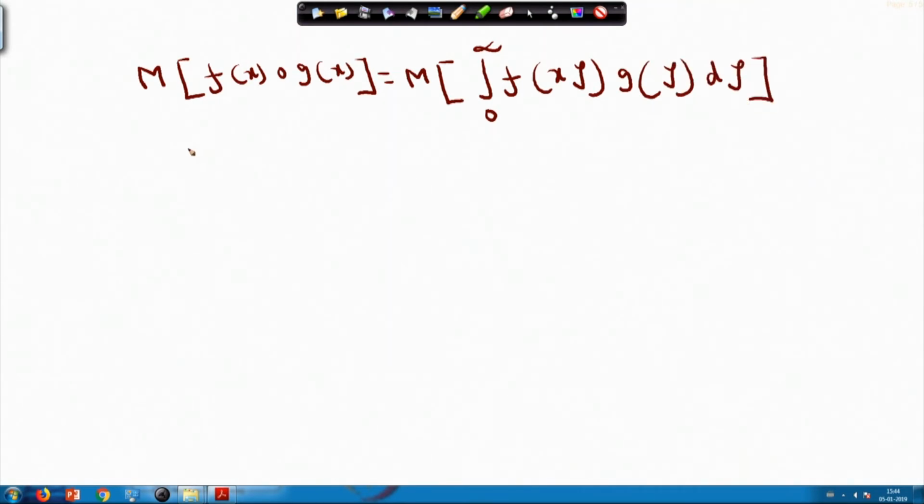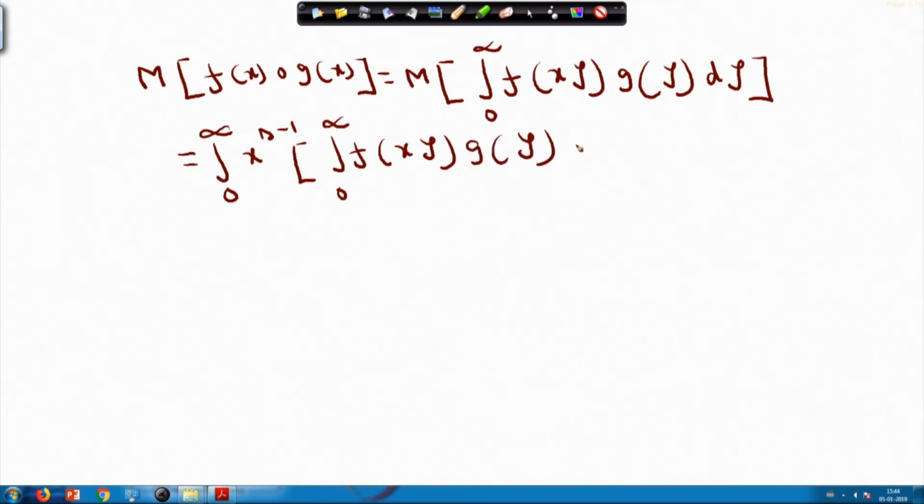Again, from the definition of Mellin transform, this equals the integral from 0 to infinity of x to the power s minus 1, times the integral from 0 to infinity of f of x eta g of eta d eta, and dx will come here. Now if you put x eta equals v, just like we have done earlier, here you substitute x eta equals v. In the other case the substitution was x by eta equals v.